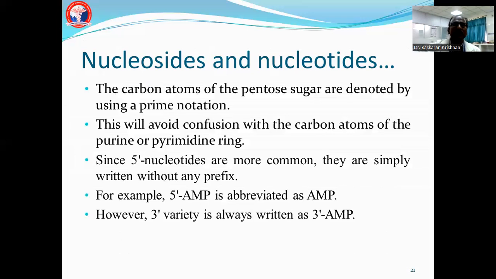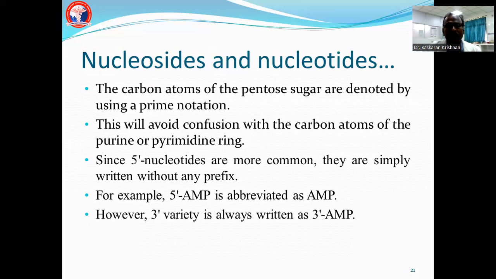Regarding the numbering system of nucleosides and nucleotides, one is clockwise and the other is anti-clockwise in the energy basis. Besides, we have the prime notation for ribose to indicate the position of the atoms in the ribose ring. For example, when we say 5 prime AMP, it indicates the position on the ribose.